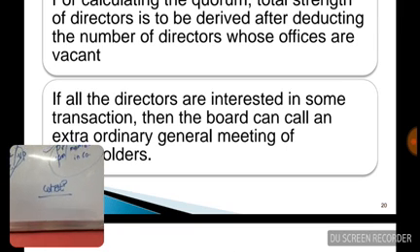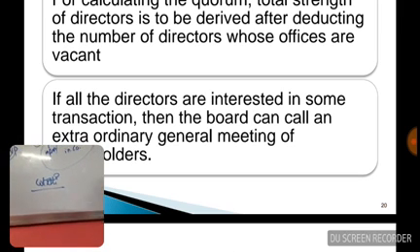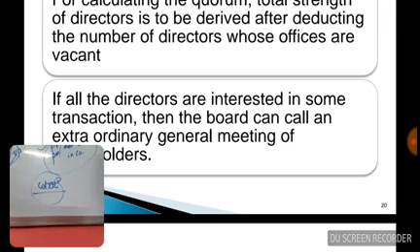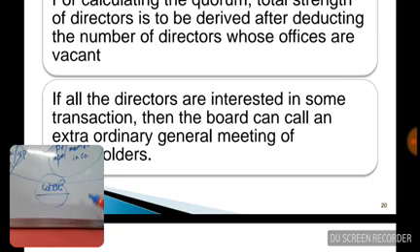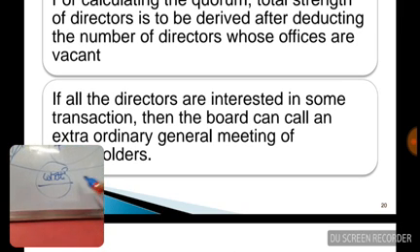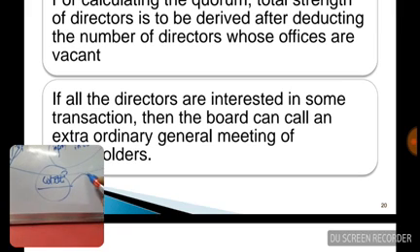And one more thing is, the interested directors should not participate in the board meeting while the decision is taken by the board whether to enter the contract or not.